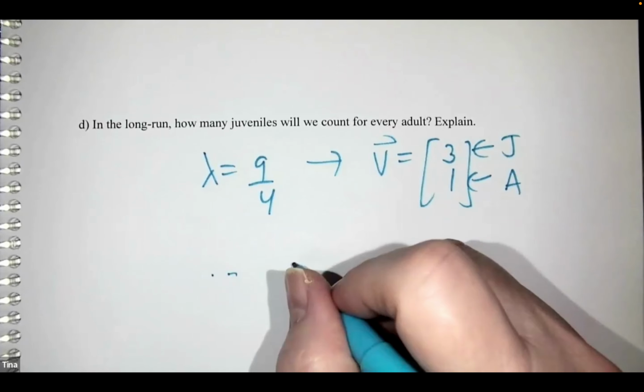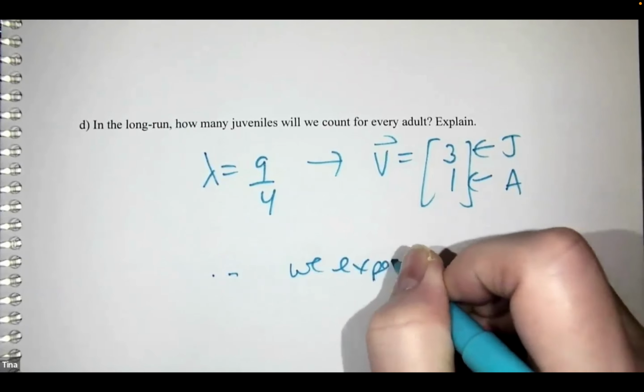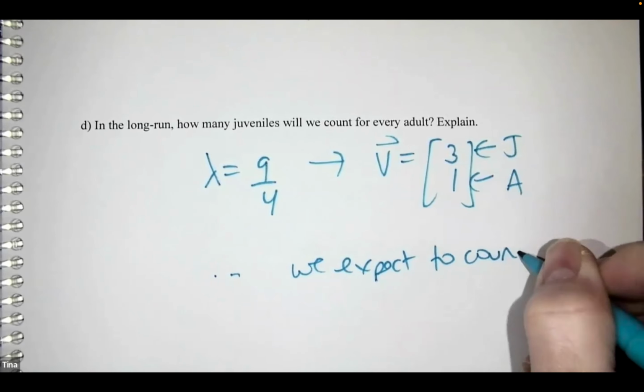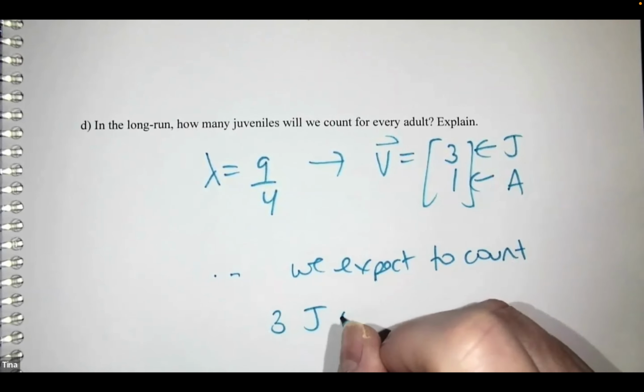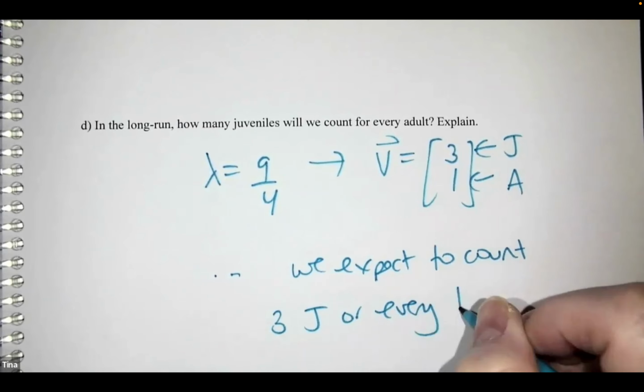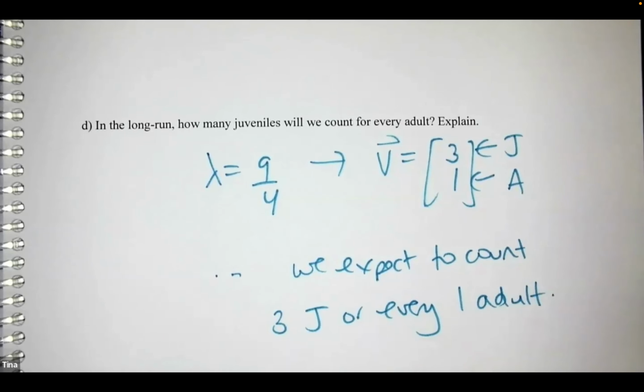So in the long run, we expect to count 3 juveniles for every 1 adult. Okay, so that's a recursive example off an exam, different numbers, but the same craziness in the numbers that they gave, okay?